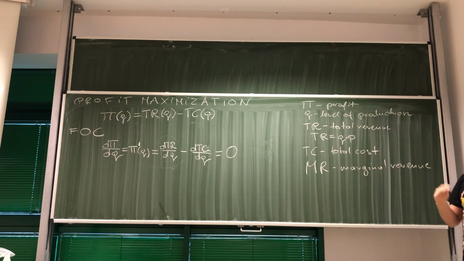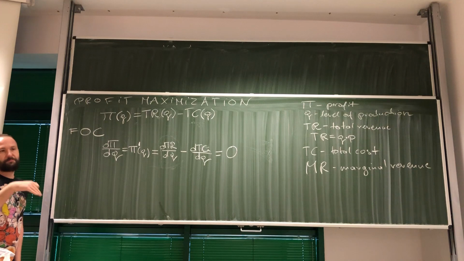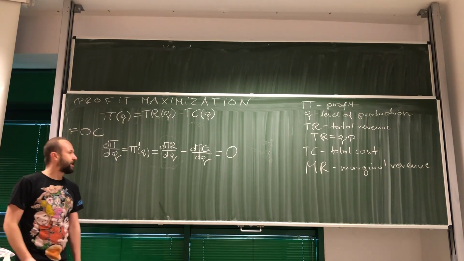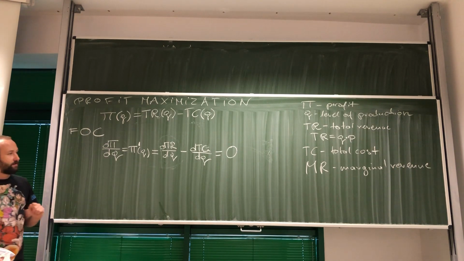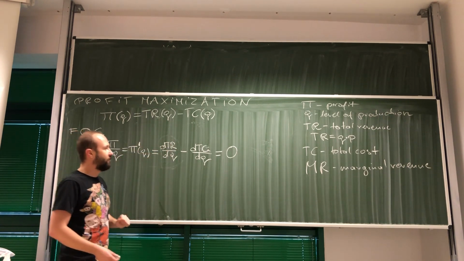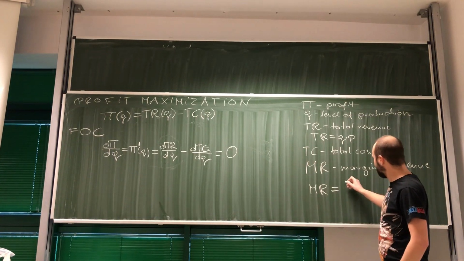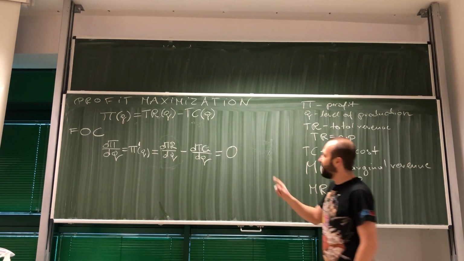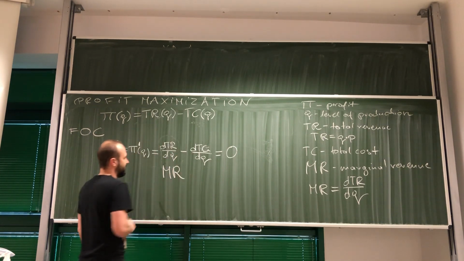Marginal revenue is telling us by how much the revenue of the company is going to increase, or more generally, change, as the level of production is increasing by 1 unit. So, actually, as it turns out, the first derivative of total revenue is marginal revenue. So look, what we get over here is simply marginal revenue.